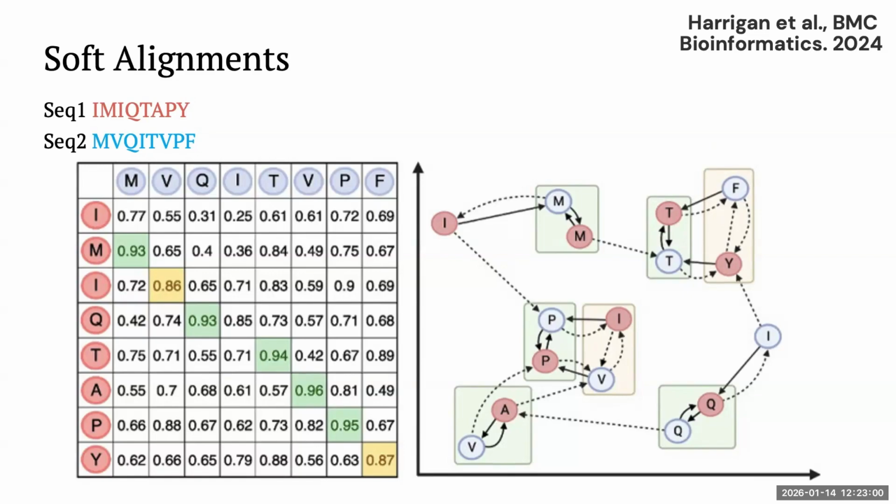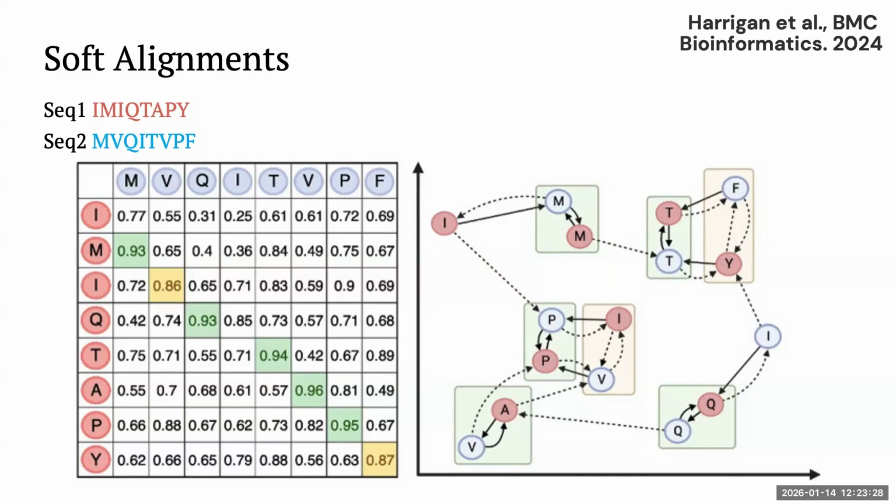And essentially this hypergraph can allow me to visualize two types of relationships between the amino acids. What we call mutual best hits are, for example, this M here. This M is closest to this M because this is the highest score that we're seeing in the matrix, and this M is closest to this M. So they're mutually each other's best hits, and we represent them using this green square here.